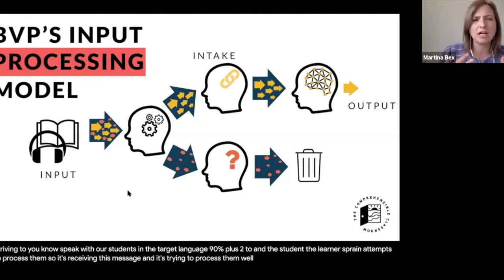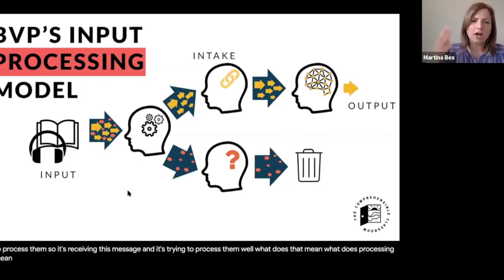Well, what does that mean? What does processing mean? When our brains are trying to process the language that we receive, we are trying to get the form contained in that language to connect to meaning, trying to make meaning of the language. Any forms that a learner's brain cannot link to meaning are dumped.